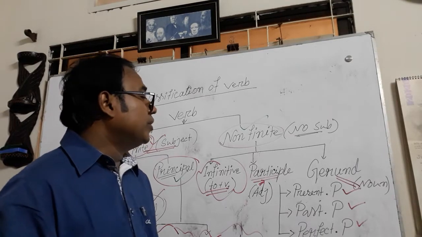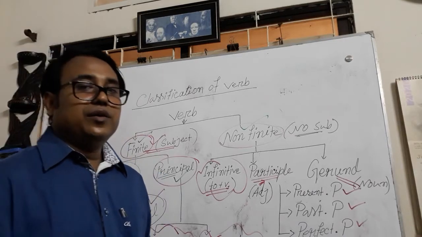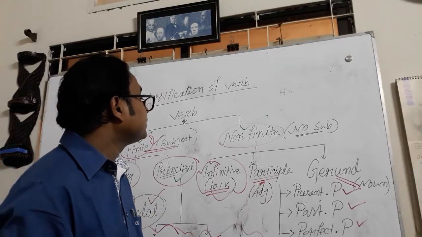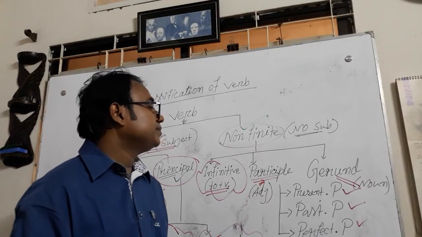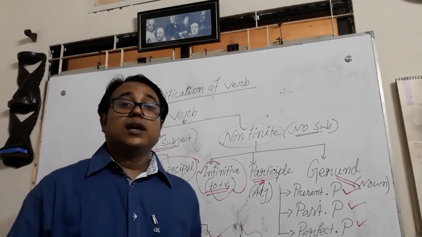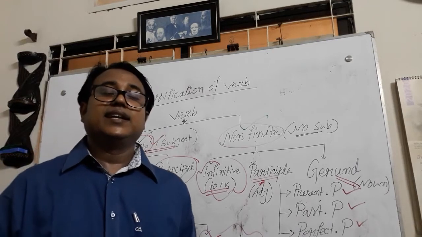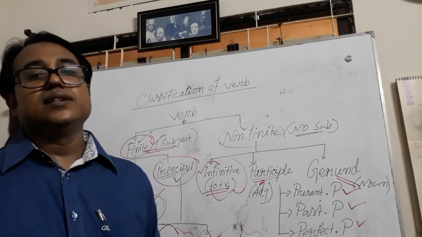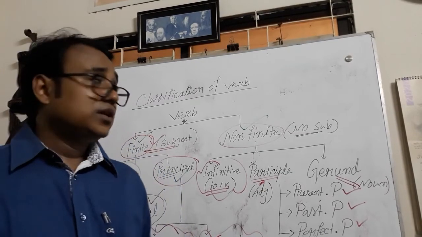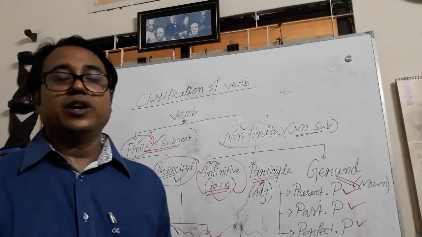Now we will discuss the last part or last category, that is gerund. Actually, dear learners, gerund acts like a noun in the sentence. So that's all about the classification of verb.